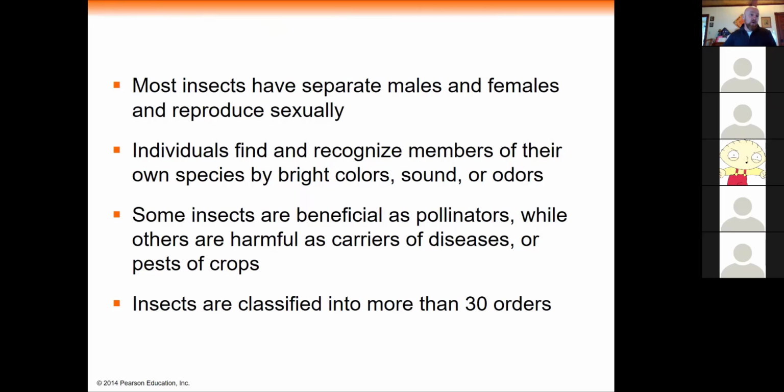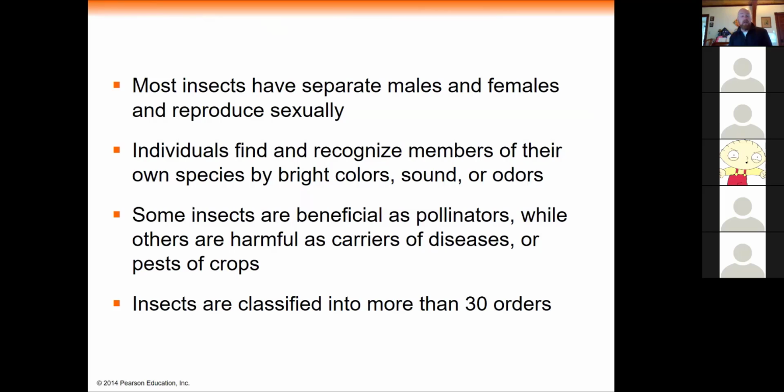Some of them have odors. Things like moths secrete powerful pheromones. The males have those feather-looking antennae that receive the female's pheromones, and they can find the females based on the smell. So lots of reproductive adaptations there.